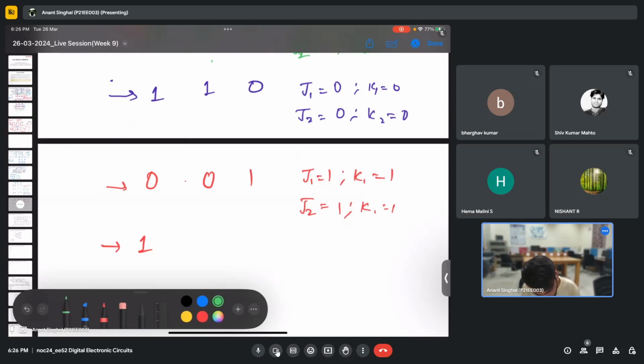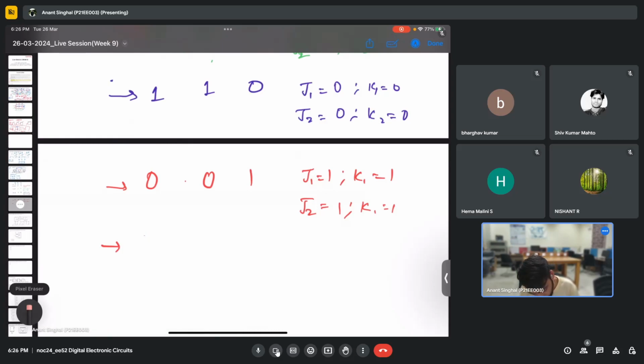Let me use some different thing. Then J1 will be Q naught Q2 complement, so it will be 0, and K1 will be 0, so it will remain the same. Then J2 is Q1 Q naught, so it is 0, and K2 was Q naught, so it will still remain the same.